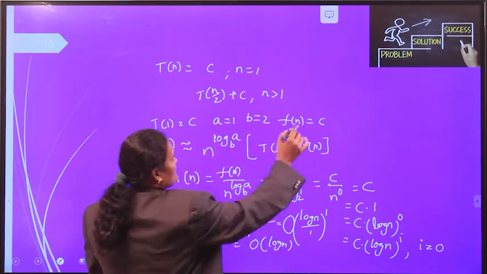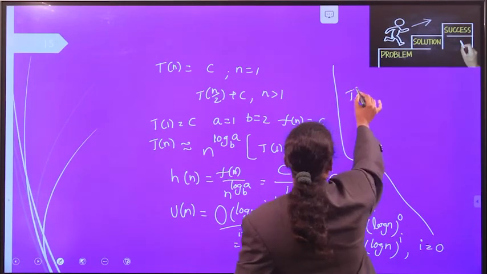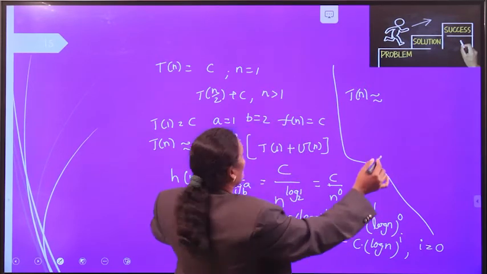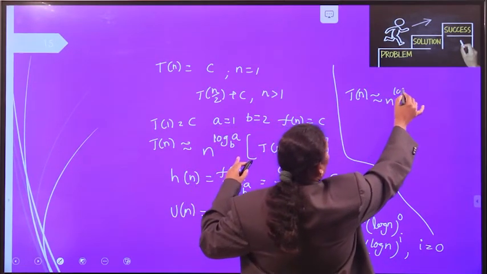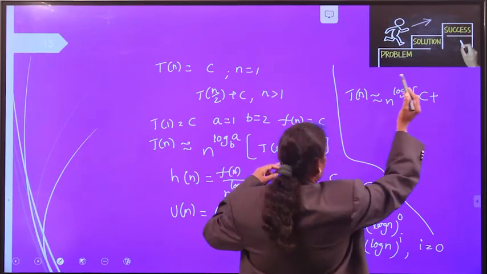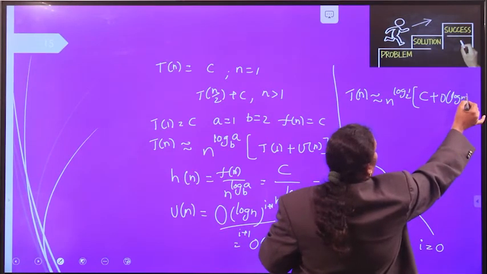Now I am going to substitute this U of n in the time complexity equation. So here T of n is identically equal to n power log 1 base 2 into, where T of 1 is C and U of n is big O of log n.